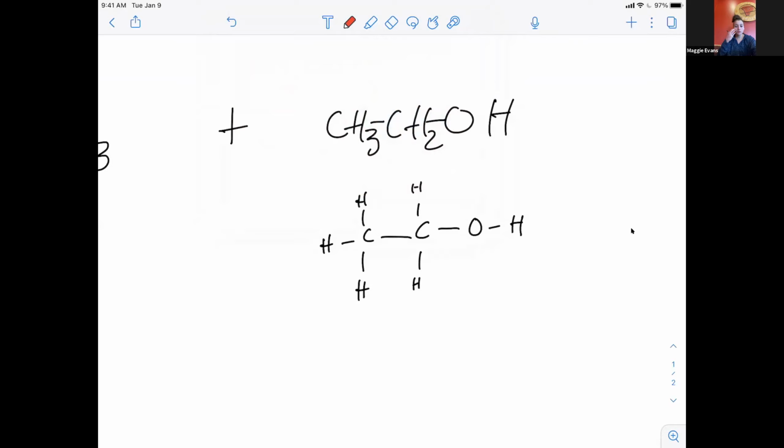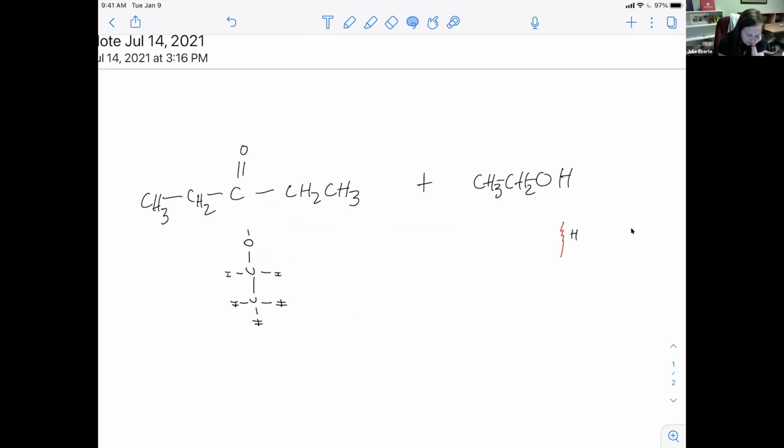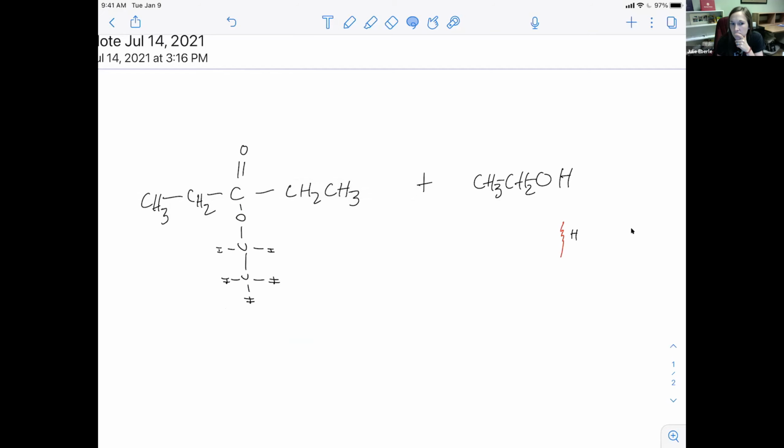Between the O and H, yep. So now I may have to take this portion of my molecule and move it, but I may have to turn it to bond it. Does that make sense? So don't ever be weirded out in organic chemistry by turning things or flipping things over.